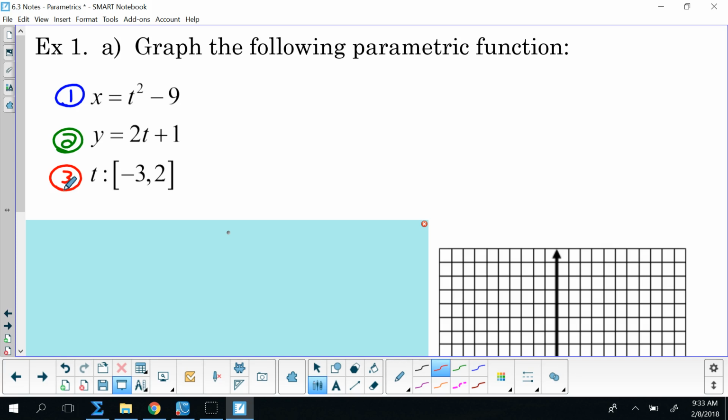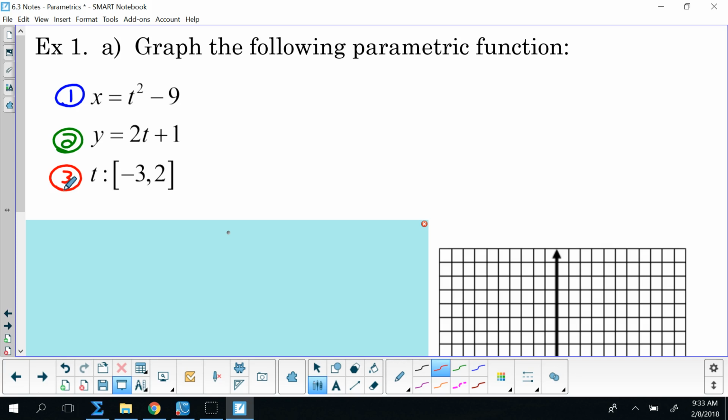The fourth part I'll get to when we get onto the calculator because it only happens on the calculator. I'll show it to you when we get there. So we need to find some points that go along with this parametric function.